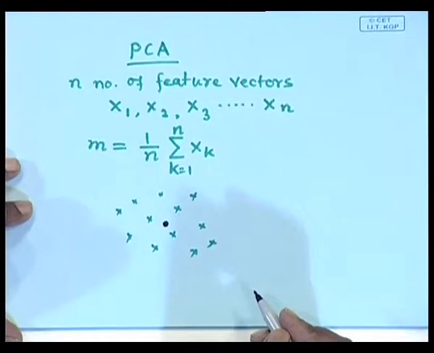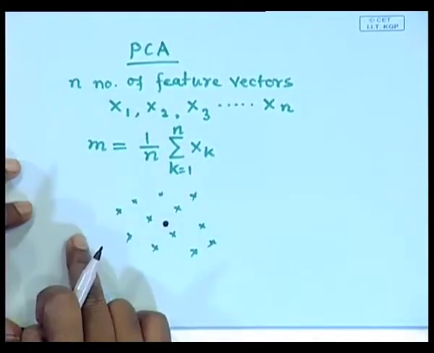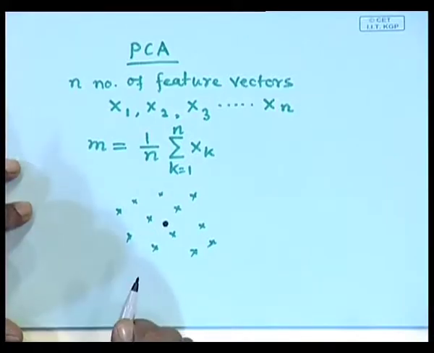If I want to represent these d dimensional feature vectors by a 1 dimensional feature vector, that means I have to represent these feature vectors somehow onto a line. The d dimensional feature vectors will somehow be mapped to different points on a line.